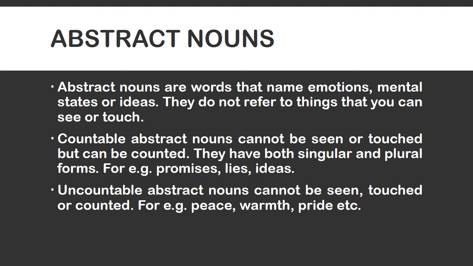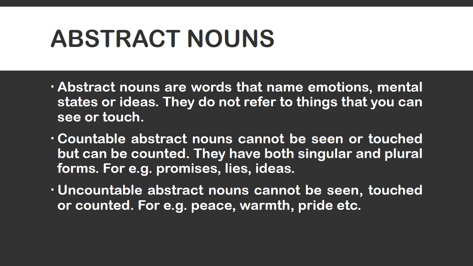Then the uncountable abstract nouns. They are the nouns that cannot be seen, touched or counted. Along with not being able to see or touch, they cannot be counted. For example, peace, warmth, pride, etc. They do not usually have plural forms.